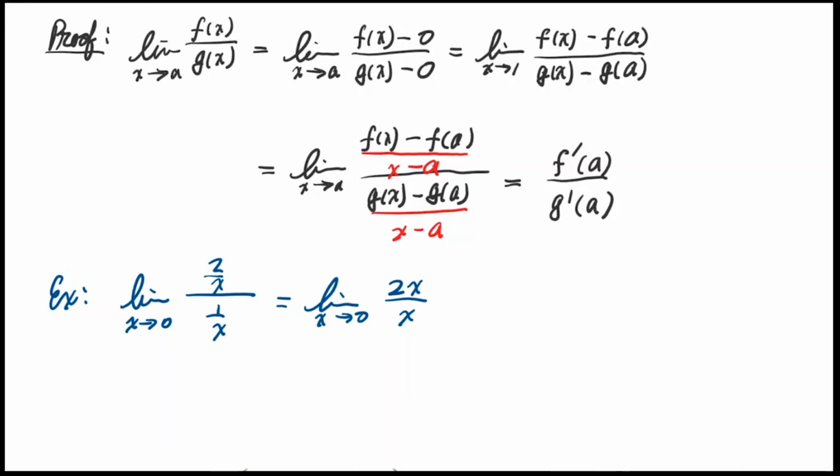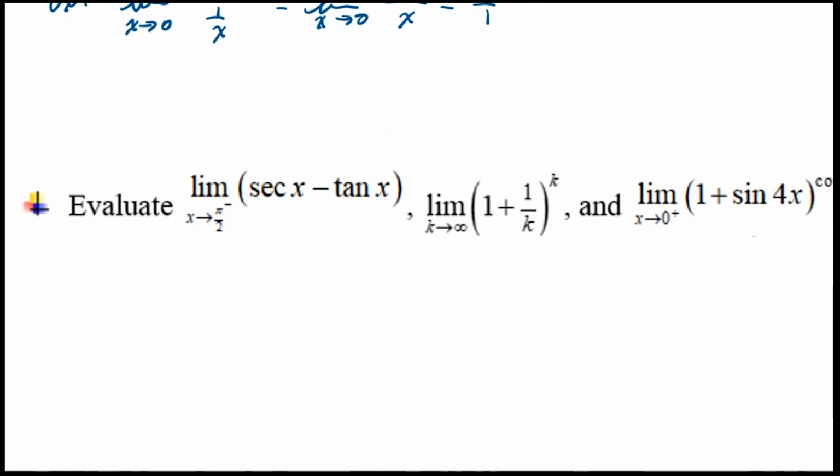Just flip the numerator and denominator. So these two are equivalent, but nothing else. L'Hopital's rule only applies to this kind of thing. Nobody would do it like that, we'd just simplify the fraction, but it's just to prove a point. Good.